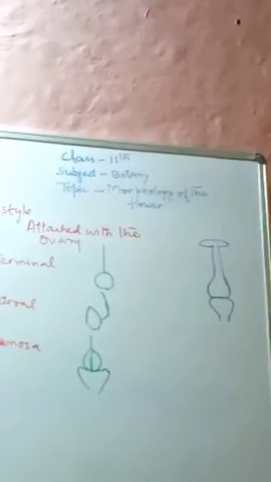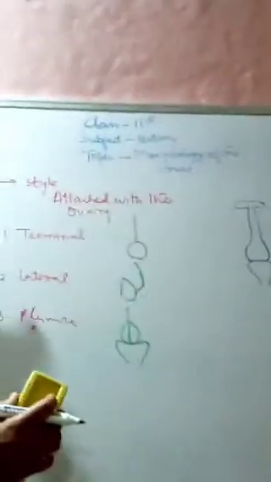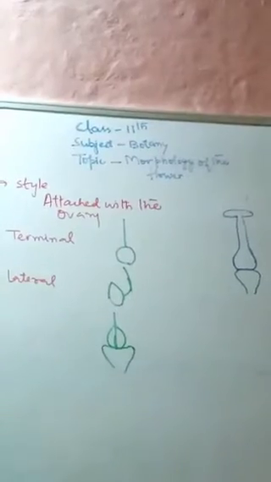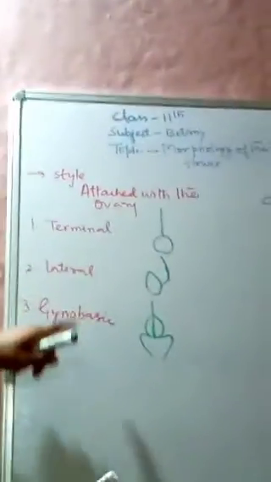Oh sorry, it is gynobasic. Here we see that the style may arise from the base of this thalamus, or from the top of this thalamus, or it may arise from the base of the ovary. This is called gynobasic.